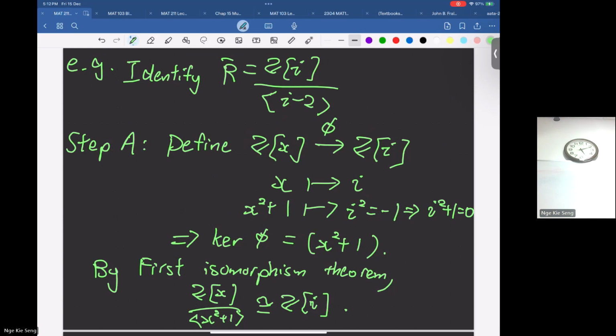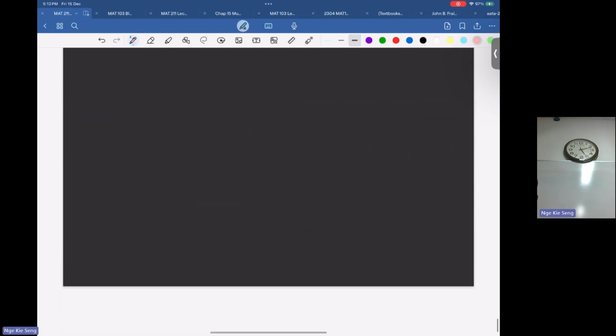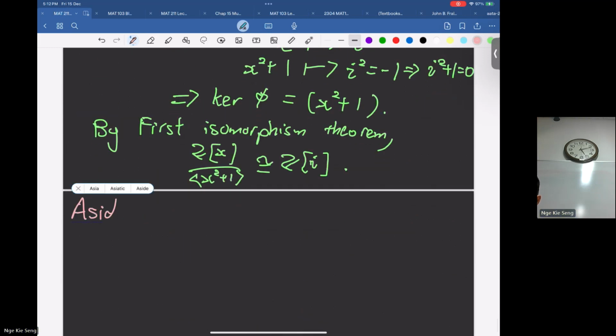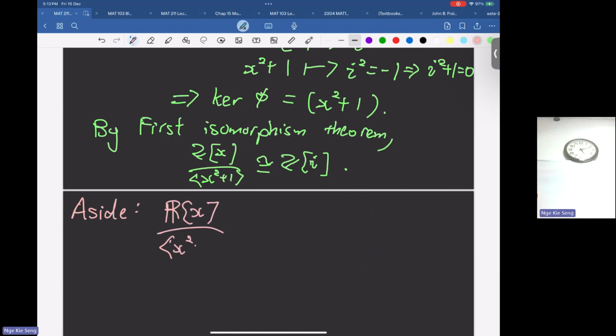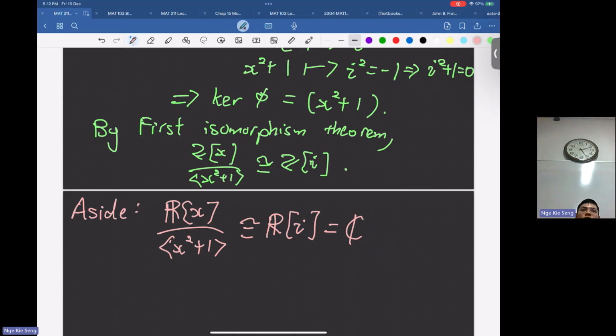So this is how we get the complex numbers, actually. Complex numbers are R[i], because a plus bi, right? You can map the polynomial ring R[x] to R[i], sending x to i. So, an aside here: if I change Z to R, what we get is R[x] quotient by x squared plus 1, which is isomorphic to R[i], which equals C. So this is exactly how we build C. We call C algebraically closed.